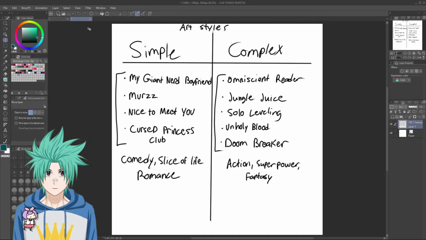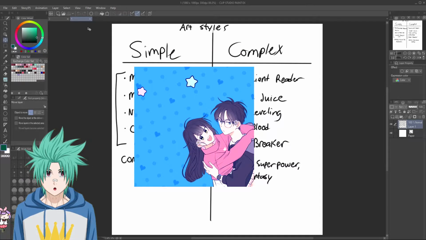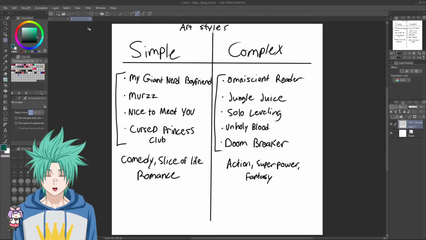So for example, simple art styles like My Giant Nerd Boyfriend, Mers, Nice to Meet You, Curse Princess Club, they tend to have comedy, slice of life, romance genres. But because it's those genres, it's a little bit more simple. Now, that doesn't mean you can't be complex with those genres, but it's just usually how it is.